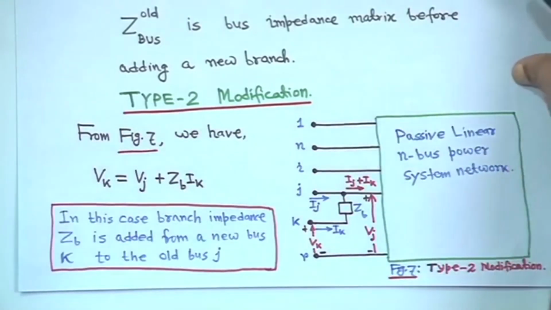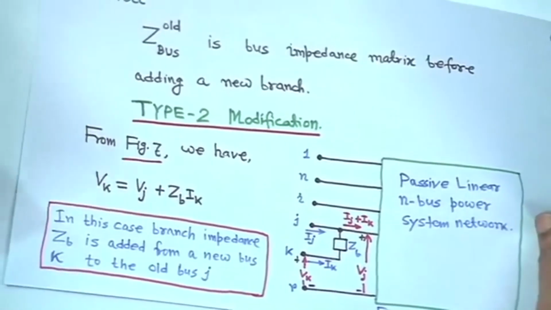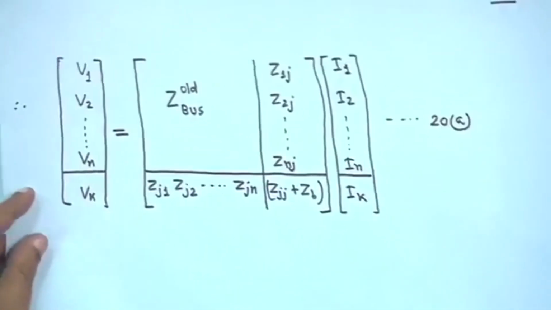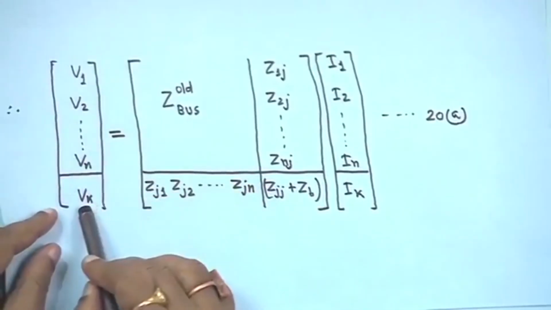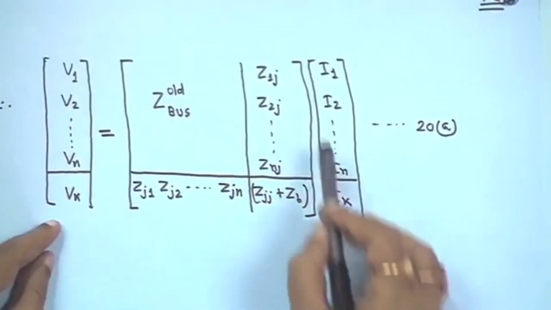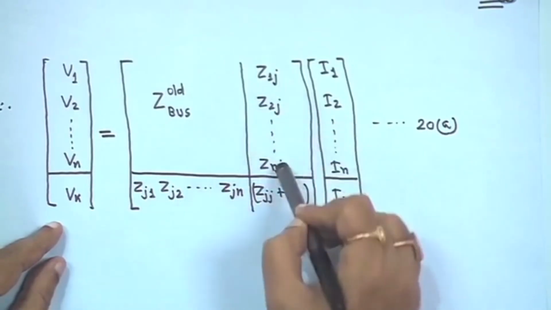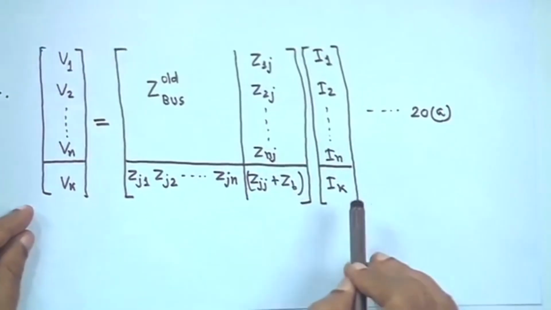That means we can write this equation as a whole: V1, V2, Vn, and this is Z bus old, and this is your ZJ1, ZJ2, ZJn, and how it is coming we will see, and this is your current IK.